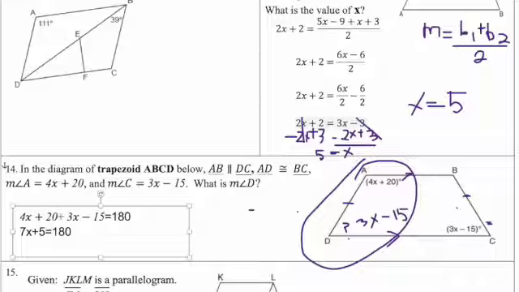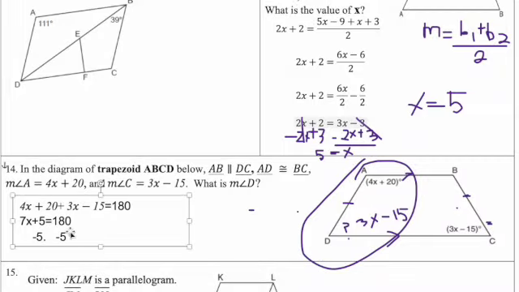Then we subtract 5 from both sides, and we get 7x equals 175. And x should equal 25.